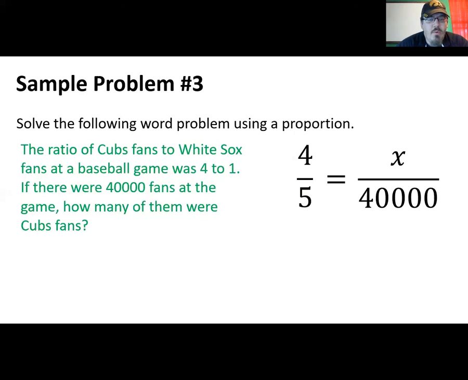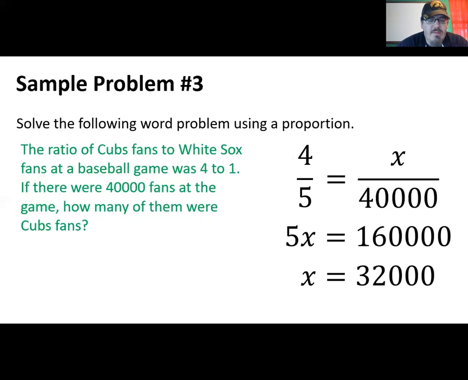Now, once you get the proportion set up, it's just a matter of going through our procedure, which is to cross multiply and then solve the equation. So when I cross multiply, we end up with 5x, 5 times x, on one side. 4 times 40,000 is 160,000 on the other side. And then we solve the equation. In this case, again, we divide both sides by 5. And so x equals 32,000.